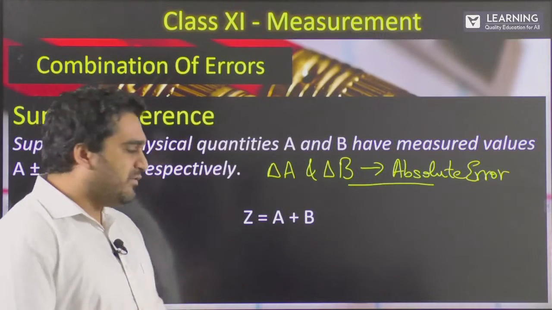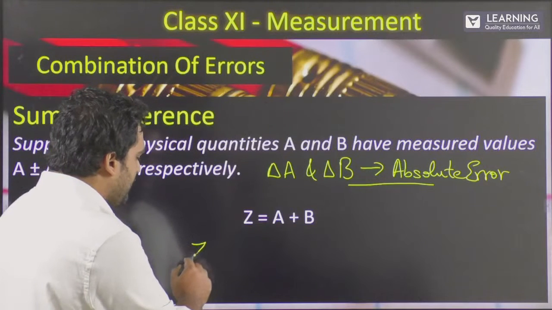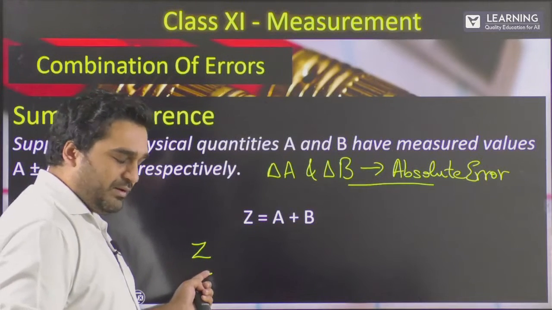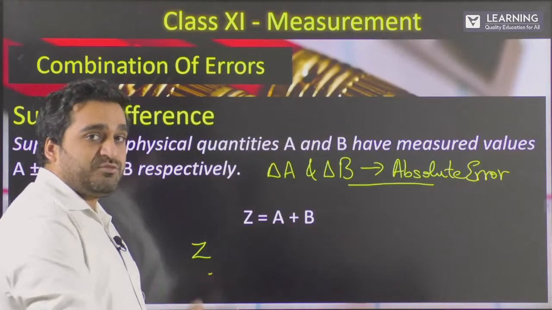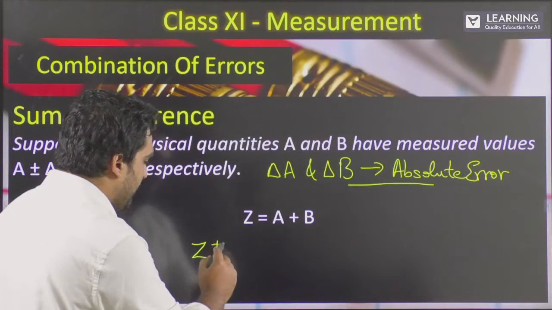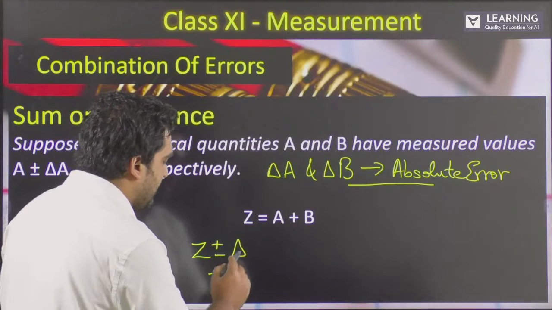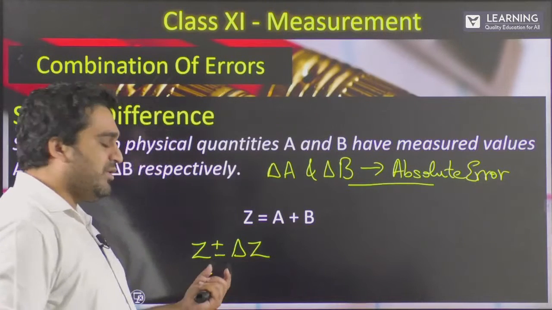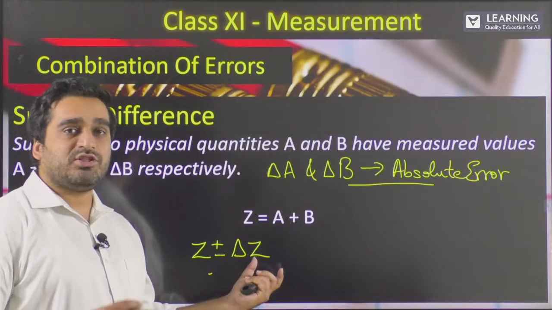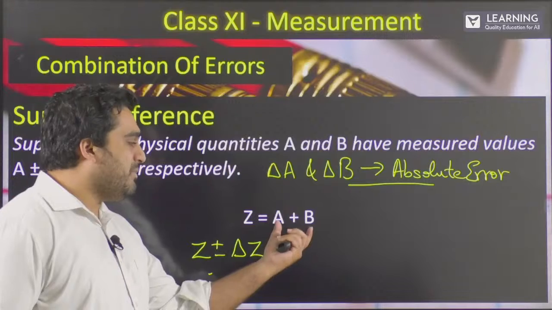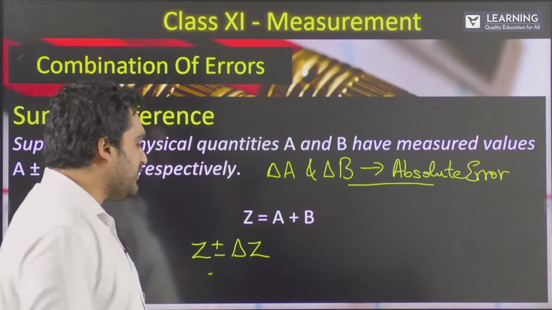So let us write the total physical quantity Z with its respective error given by plus or minus delta Z. See what I've done here? I've written delta Z, which represents the total error by combination of the other two errors.